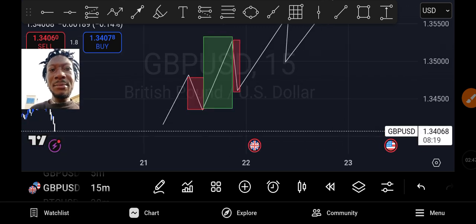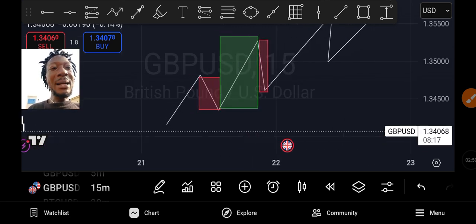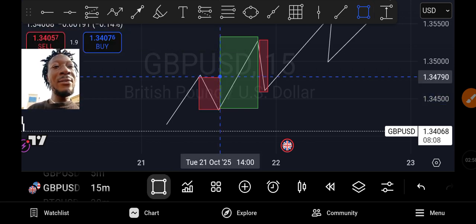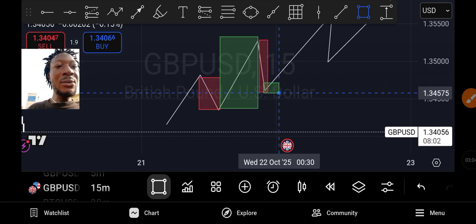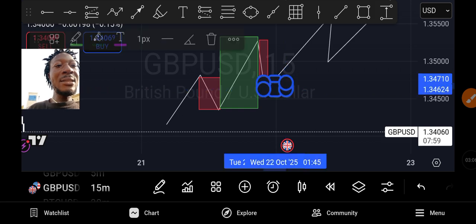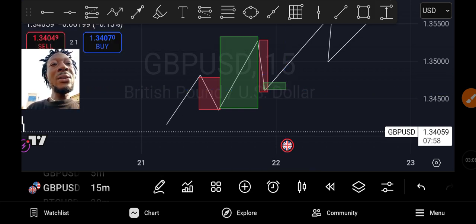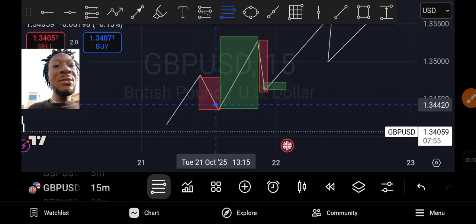It's simple. When price gives you a pullback like what you see here, this small red move, that's where you mark out your key level. Let's say price gets to this zone, you take out your Fibonacci because there are levels you need to know.